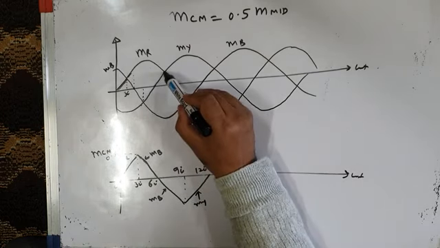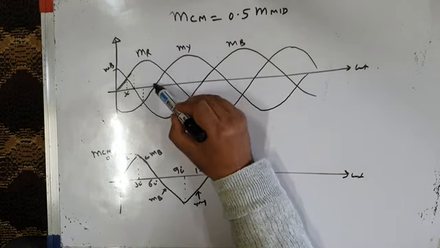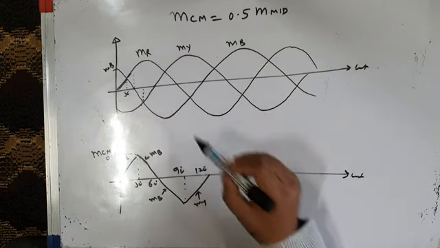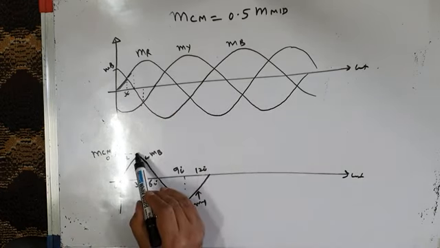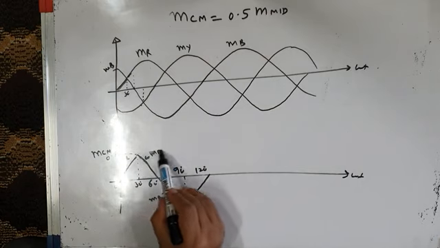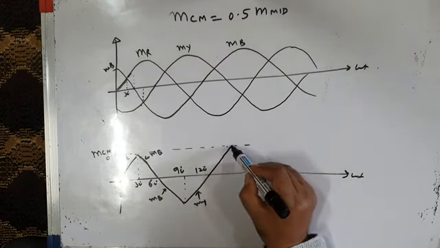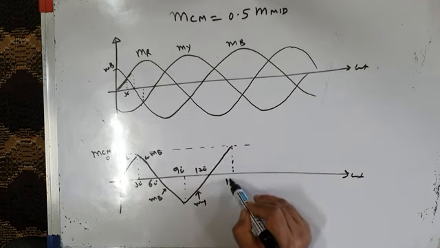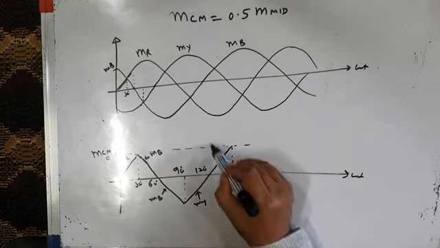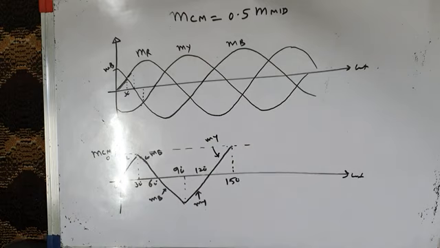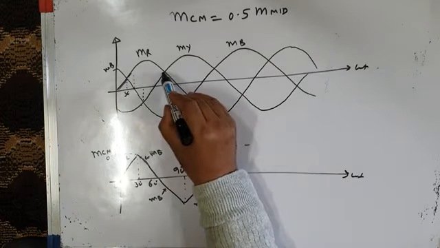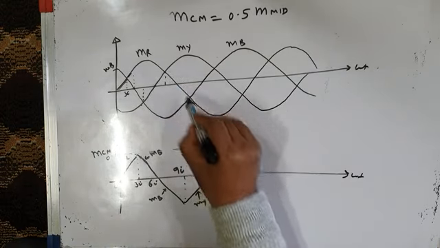And from 120 to 150 degrees, MY remains M mid. This is your 150 degrees. MY remains M mid. So I am here now. After that, let us move ahead.